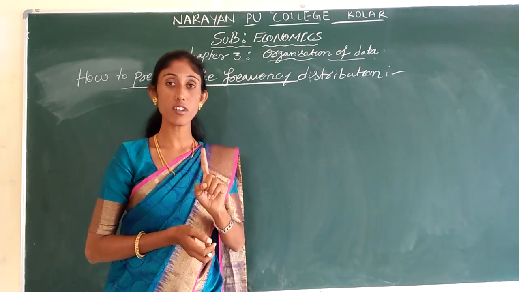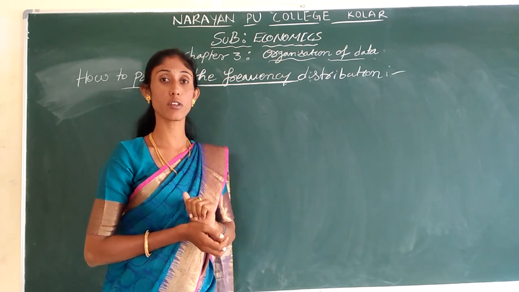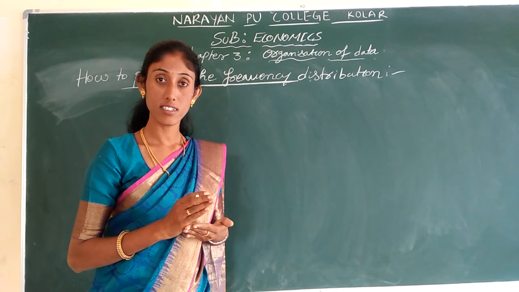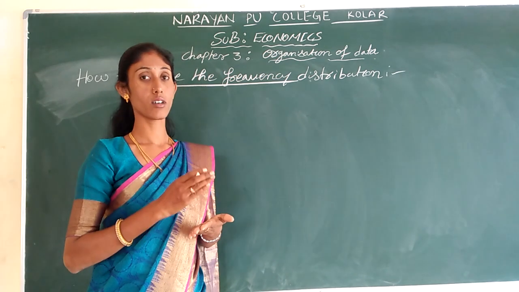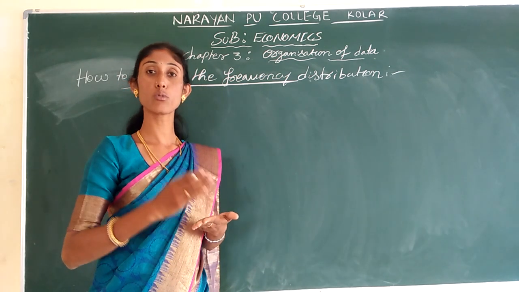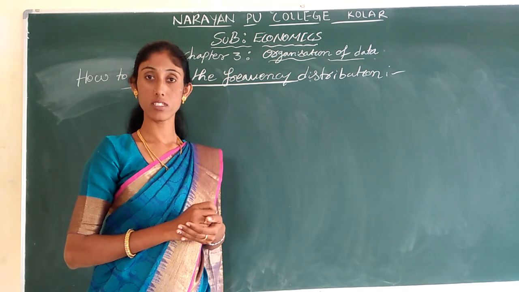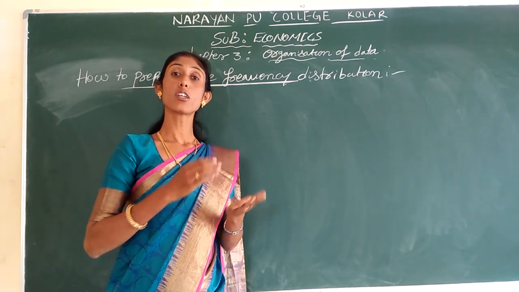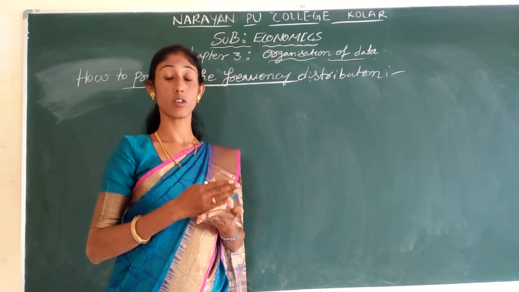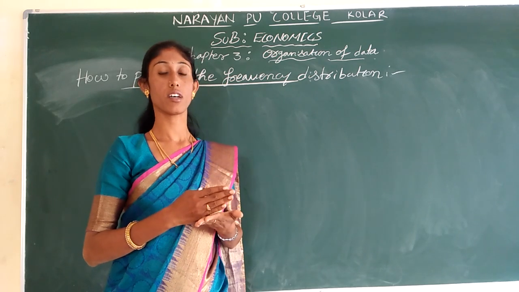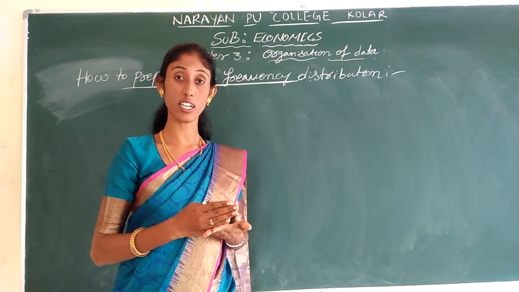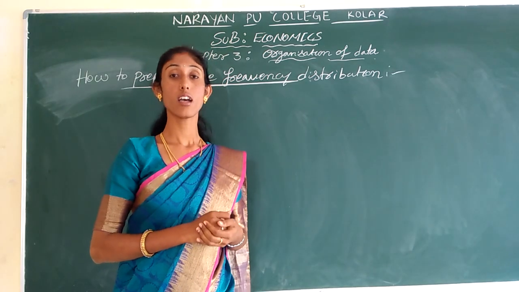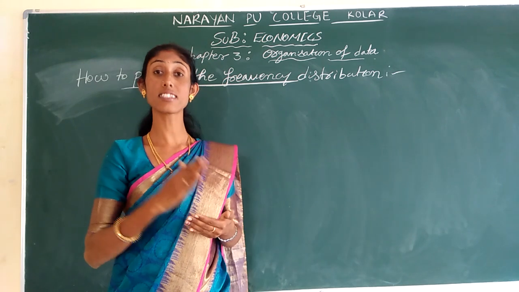The first and foremost important step is deciding the number of classes, or what number of classes we should have in the frequency distribution. The second question is the size of the classes.